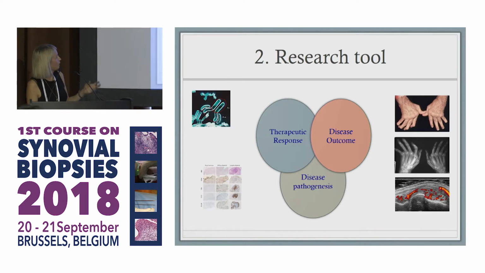And the three main areas of research into inflammatory arthritis from synovial tissue are really looking at disease pathogenesis, and there are many areas which are still unknown at the moment, disease outcome and predicting prognosis, and also therapeutic response.